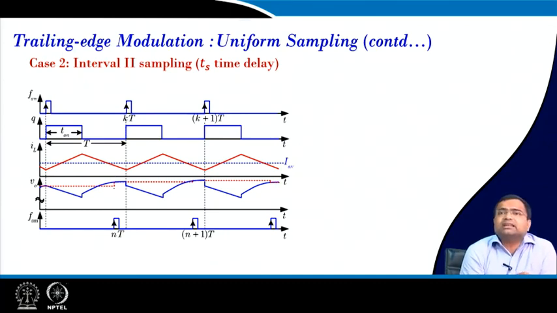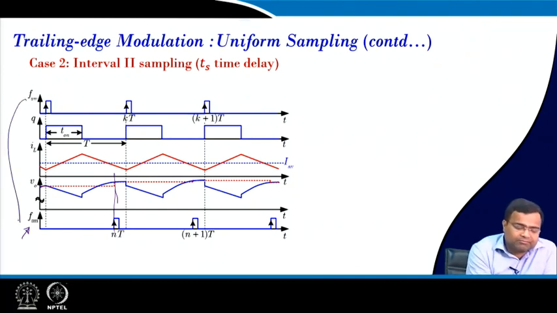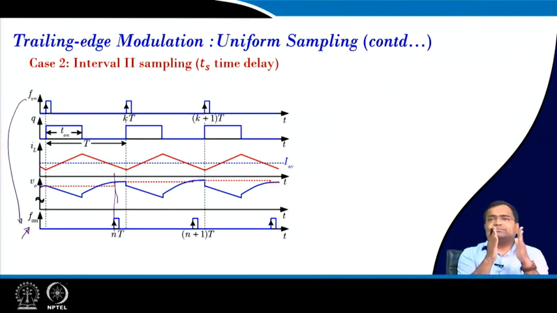This delay can be easily inserted in your HDL code, because you will have a fixed time period. You have to create this sampling clock with a phase shift, a time shift, with respect to the switching clock, and then you can just send the command.